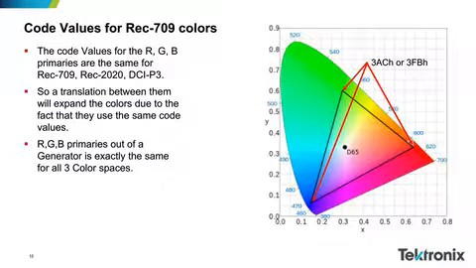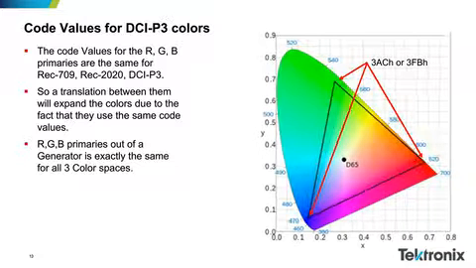So 3AC is the normal SMPTE level for 100%. It would be 100% green, 100% red, or 100% blue. Same 3AC hex value would be 100% P3, green, blue, and red if the receiver was switched to P3 translation of the SDI data it was coming in.